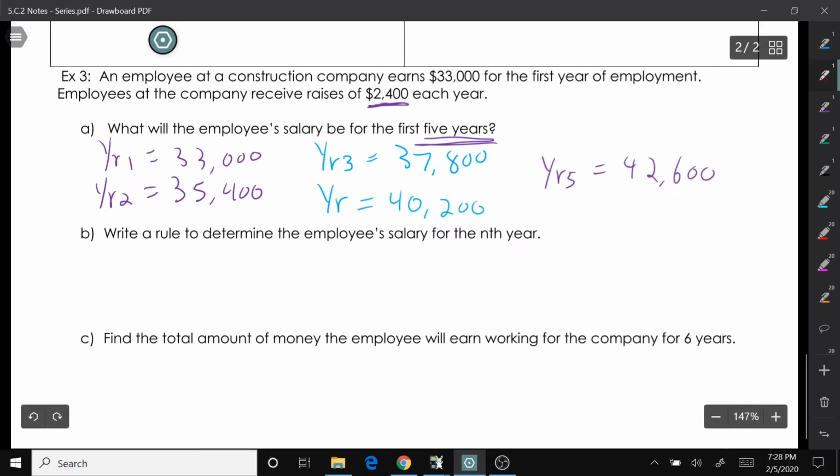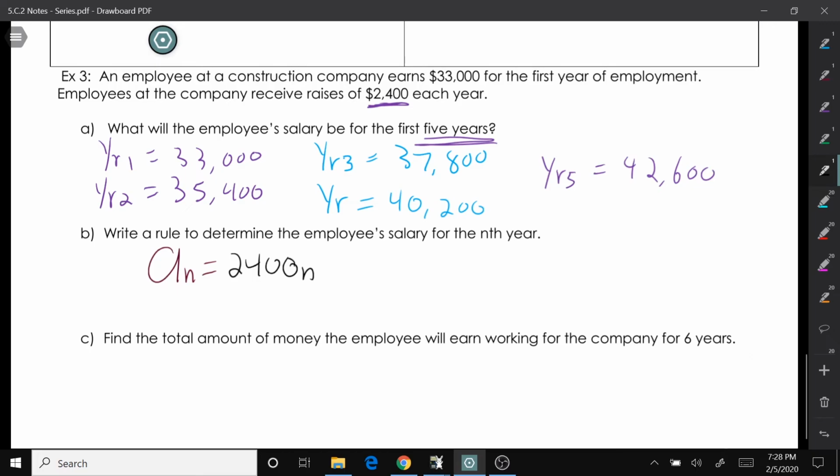Now, write a rule to determine the employee's salary for the nth year. So we want to write a_n equals something. Well, we know that we get paid $2,400 every year. So it'll be 2,400n. Now we have to figure out what our y-intercept or our starting value is.